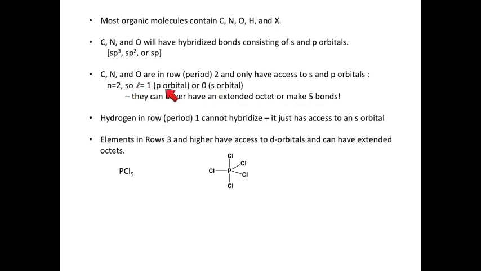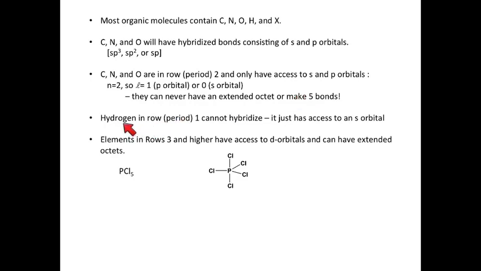L equals 1 is a p orbital, and 0 is an s orbital. So these atoms, being in row 2, only have access to p orbitals and s orbitals. Therefore, they can only be sp3, sp2, or sp hybridized. Carbon, nitrogen, and oxygen can never have an extended octet. They can never make 5 bonds.